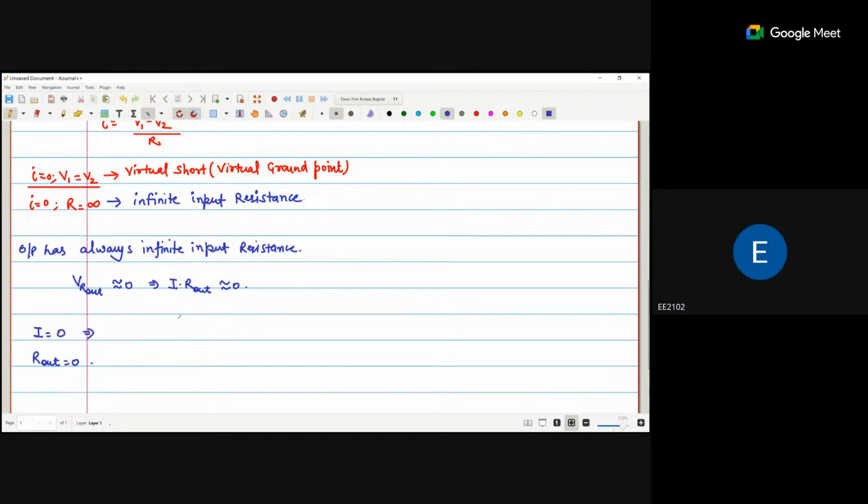Since current I is 0, we say that no current flows inside the op amp. And R out is 0, that's why we call it zero output impedance.